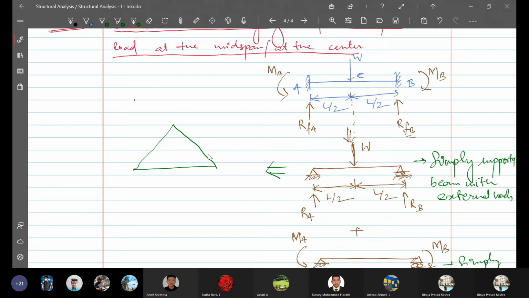The maximum value is W L by 4, and this is positive. Let us say the area of the free bending moment diagram. As I already mentioned, this is the free bending moment diagram.